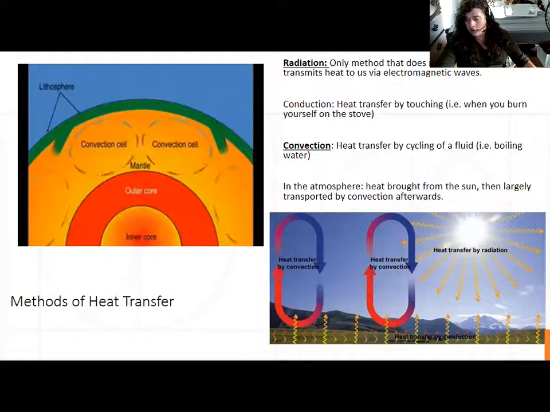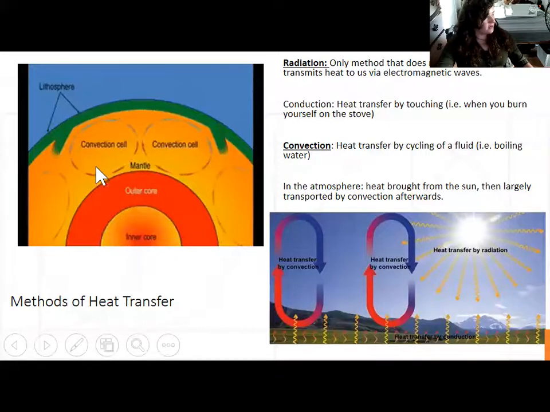And in the atmosphere, heat brought in by radiation actually begins to circulate via the third method, convection, once it arrives. A fluid, like air or water or magma, cycles and brings the heat with it. So what's happening in the atmosphere is that warm air rises, it cools down as it gets farther away from the infrared radiation of Earth, and then falls.